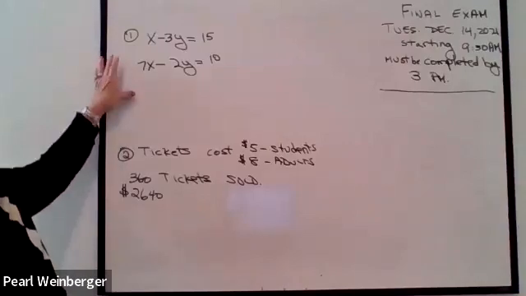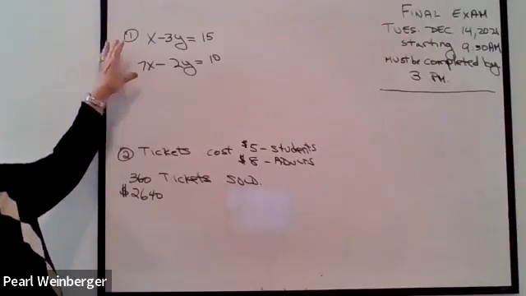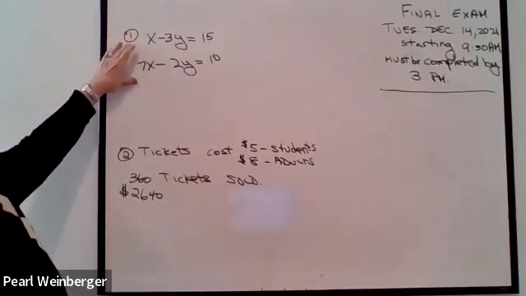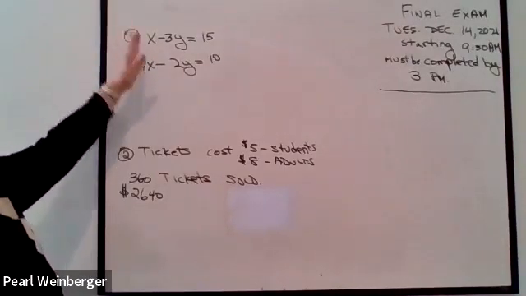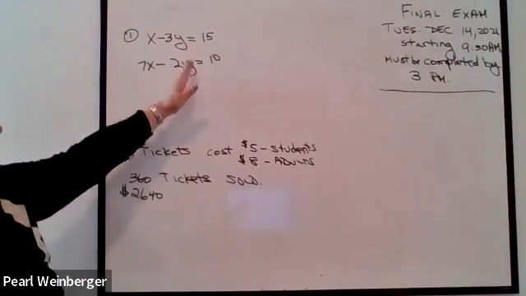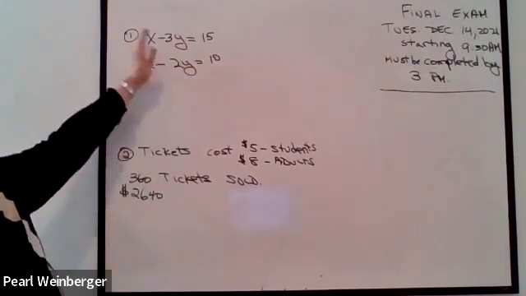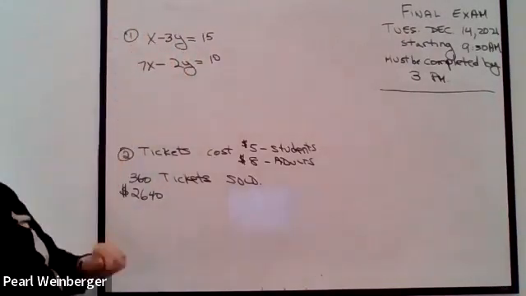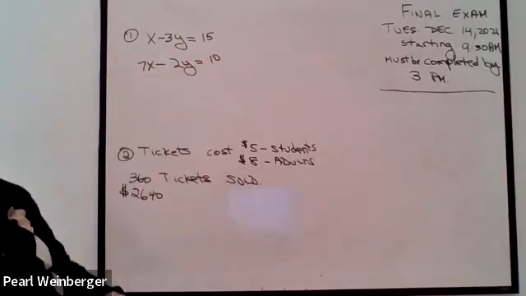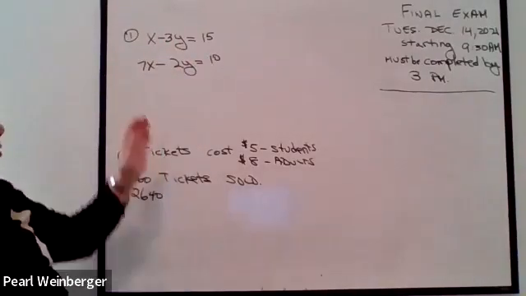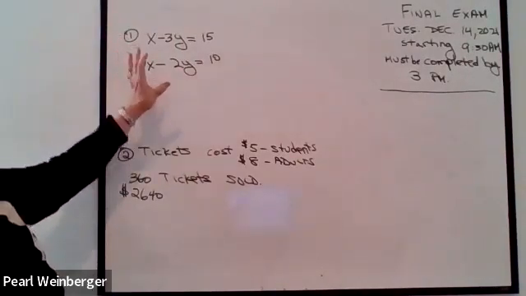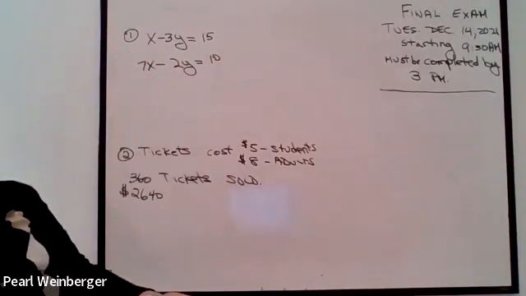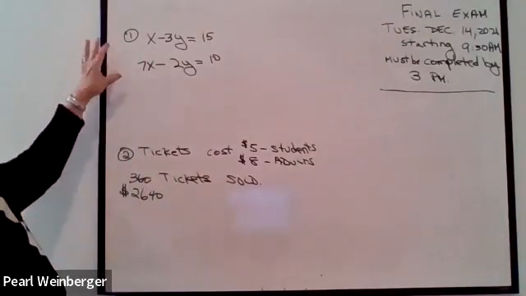Okay, let's do this topic example. The way this is set up, where you have the x's, the y's, the equal signs, and the numbers all lining up, which is called the standard form, sets us up for what we call the addition or elimination method.